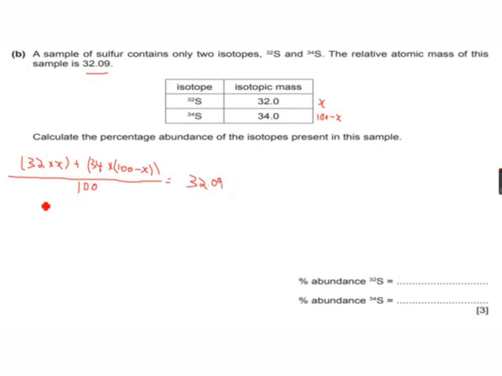So when I calculate x using my calculator, I get x. You can pause the video and calculate on your own, but I'm just fast forwarding this to x is equal to 95.5%, and hence 100 minus x will be 4.5%.